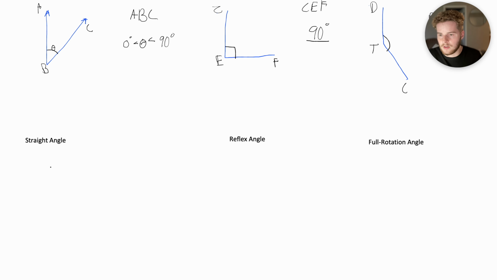Now let's talk about a straight angle, and it's exactly what it sounds like. Although I cannot draw a straight line, imagine this is a perfectly straight line, nothing much to it. You might see a reflex point here, which symbolizes where the bend shows in some of these other angles, but I just didn't draw it. They might put that point just to explain it a little easier.